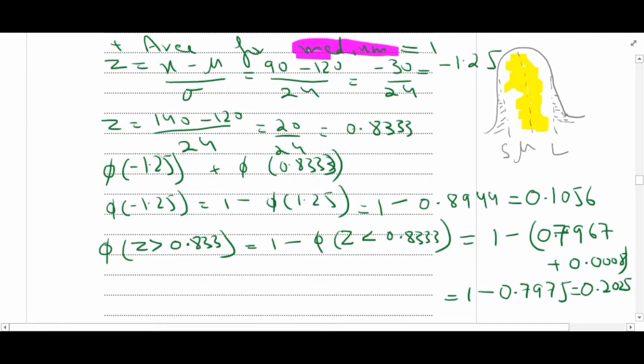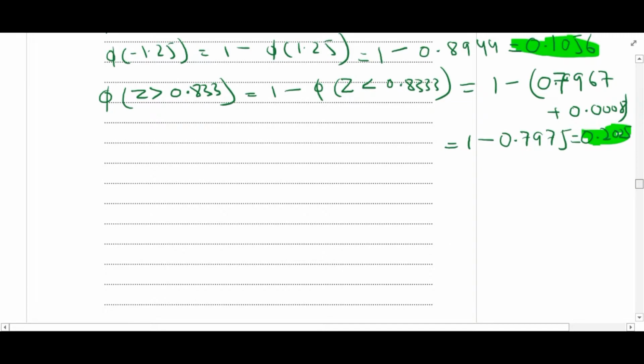So we got this as an answer and this as an answer. What we have to do is subtract these two numbers from 1, since the total area of the normal distribution is 1.